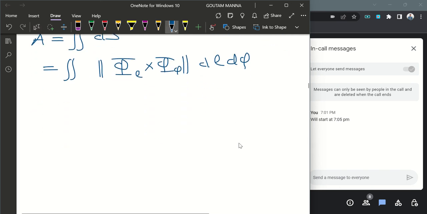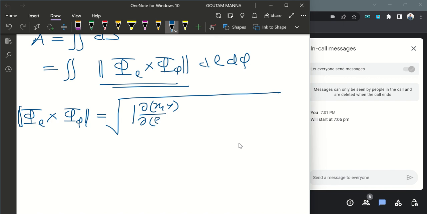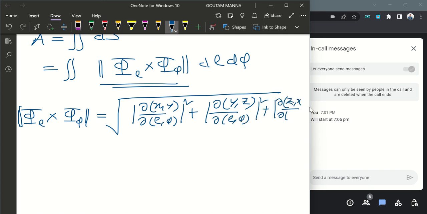So we basically need to calculate this quantity, mod of Phi rho cross Phi phi. It will be root under the determinant of the Jacobian del xy by del rho phi squared, plus del yz by del rho phi squared, plus del zx by del rho phi squared.